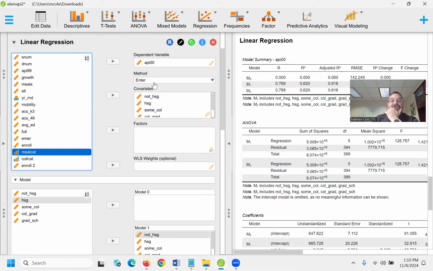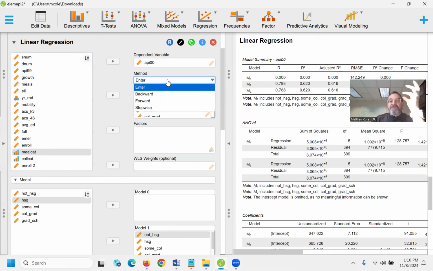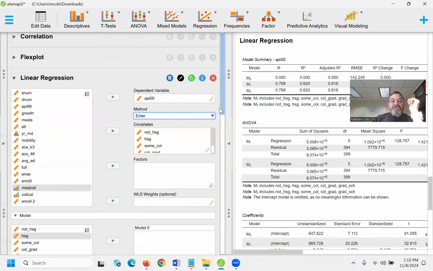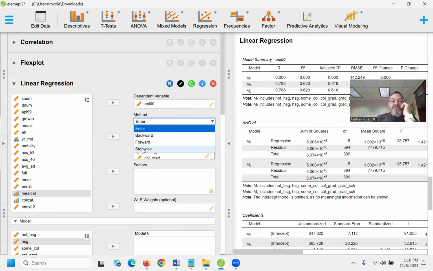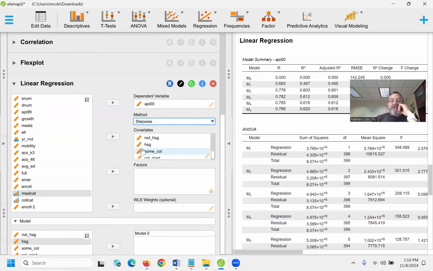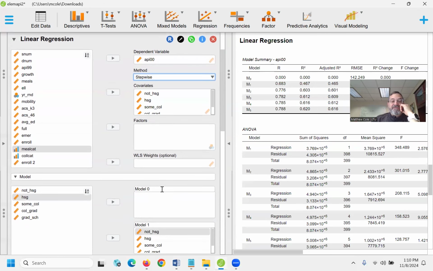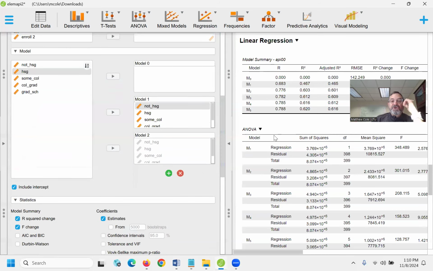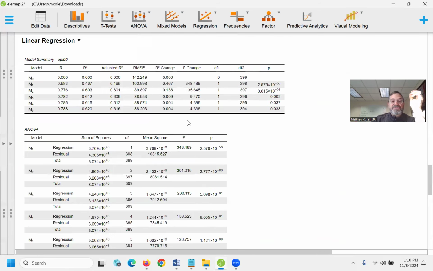Now what we're going to do is change from having them all come in at one shot, which is what we see here, to stepwise. In stepwise, it does all of the modeling internally, so we don't have to do it.